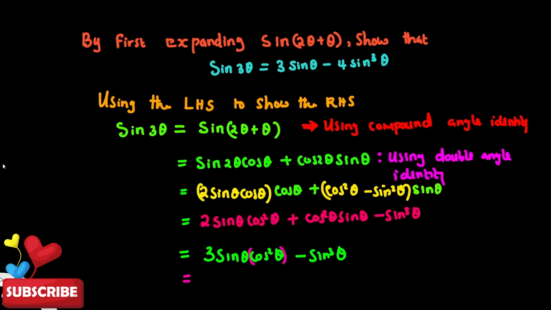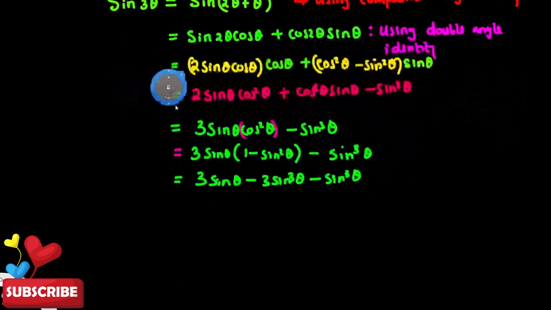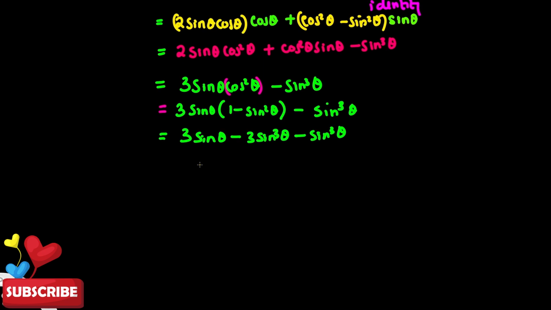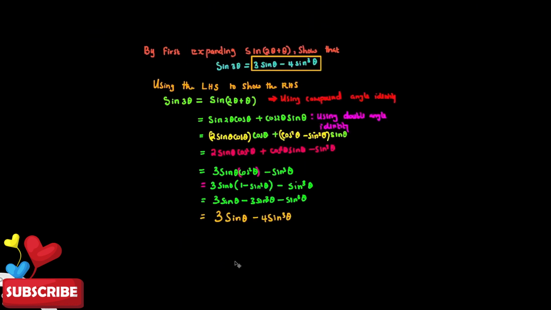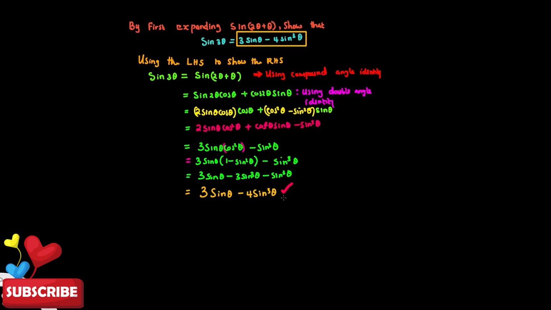So this is going to be 3 sine theta into bracket 1 minus sine squared theta, and then we have our sine cubed theta at this particular point, which means that we can open the bracket and put the like terms together, and we end up having 3 sine theta minus 4 sine cubed theta, which is exactly what we were supposed to show in this particular question. This is what we were supposed to show, and if you can see down here, we have gotten that.